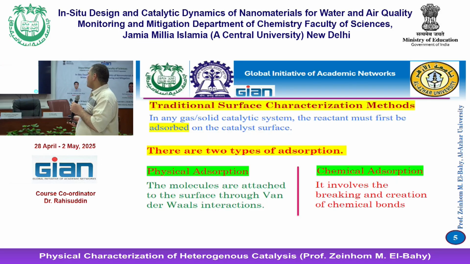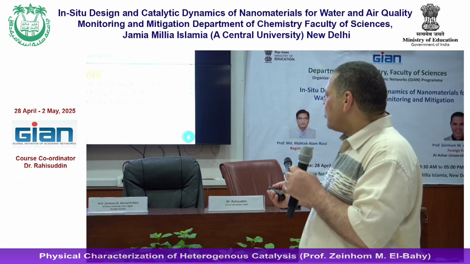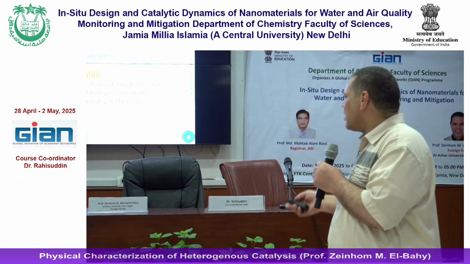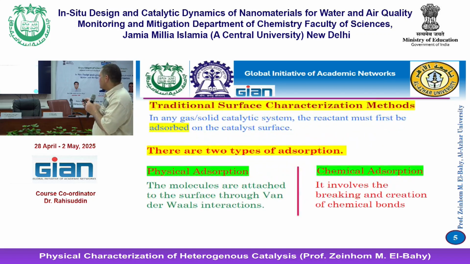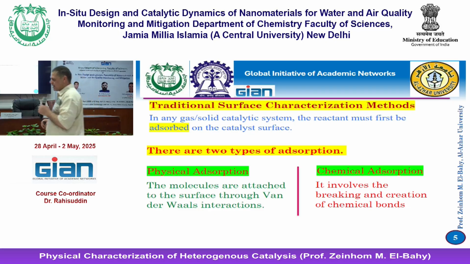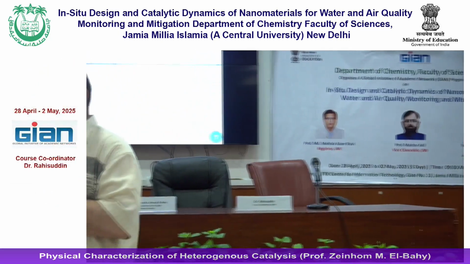Let's see how it will be. Number one, I'd like to remind you, is determining the surface area and the surface texture. This is one of the traditional techniques used for the characterization of the catalyst.